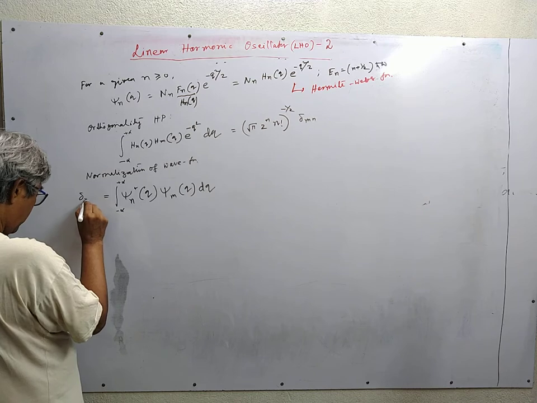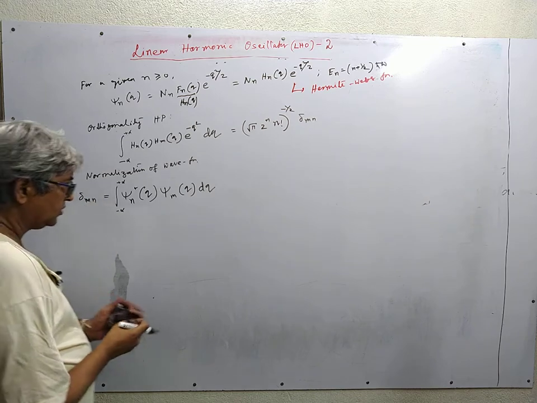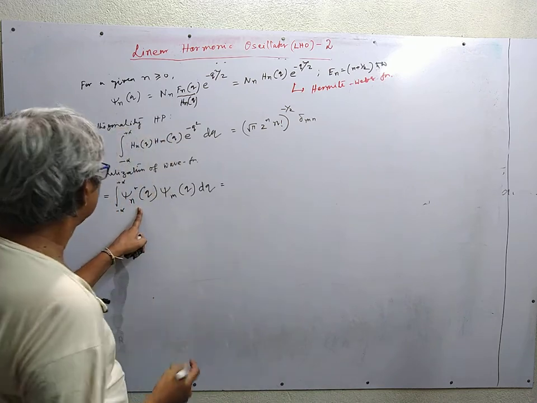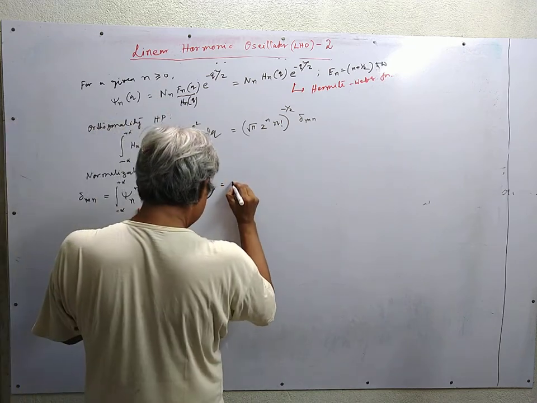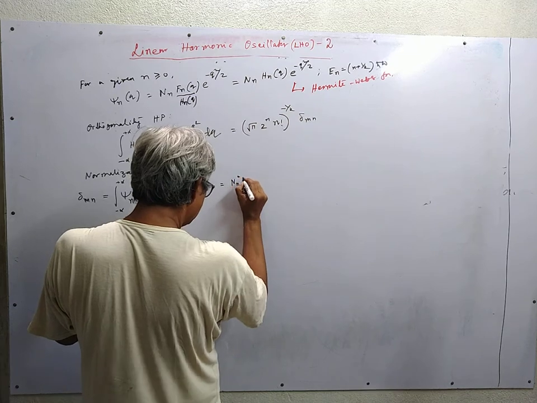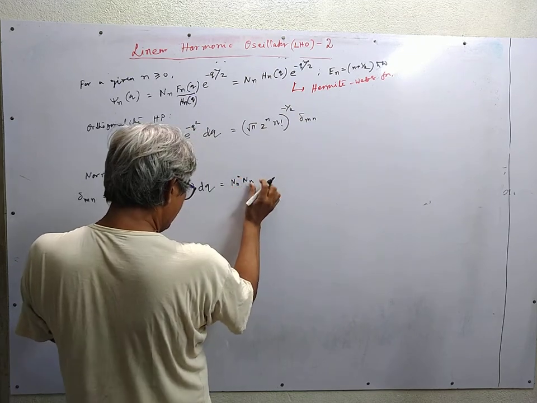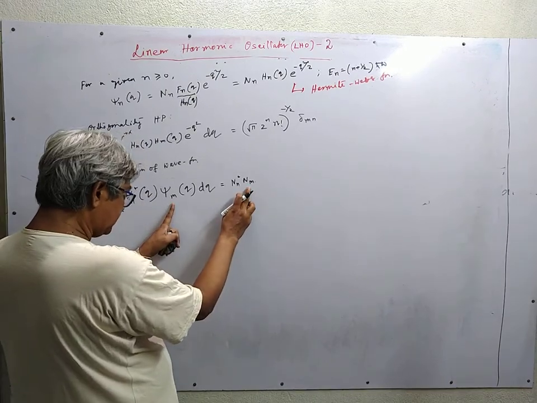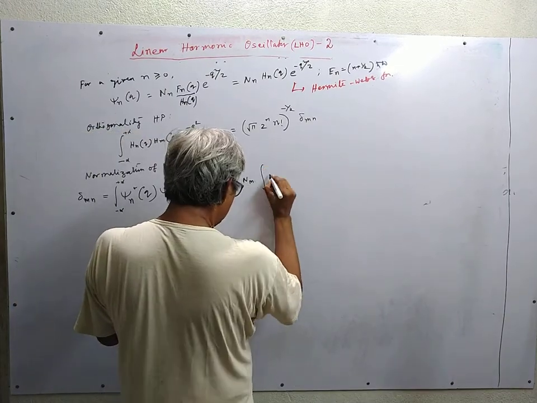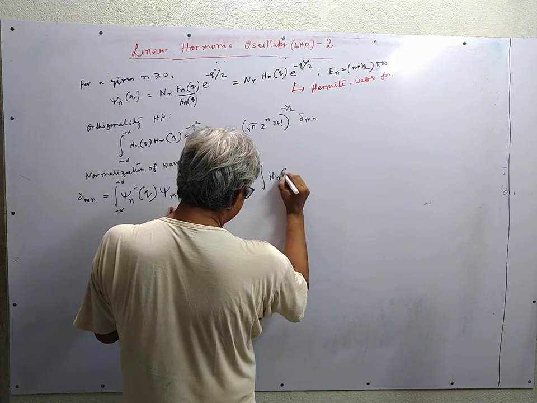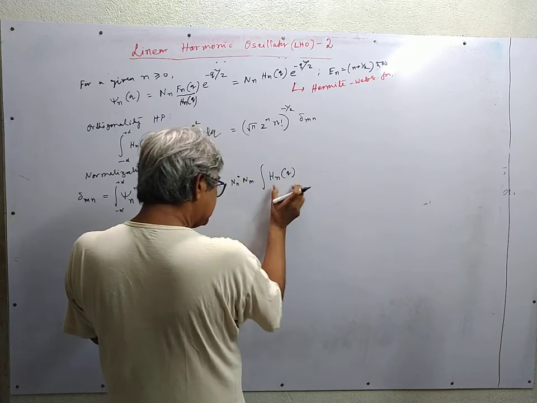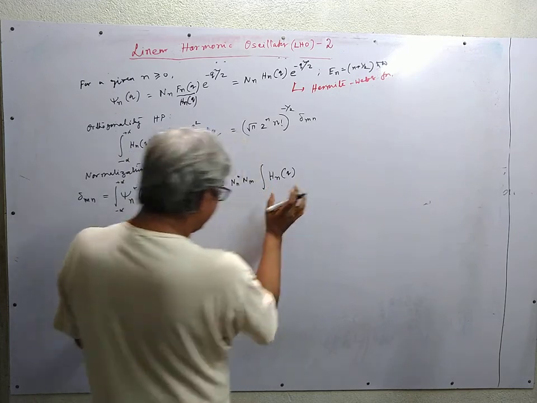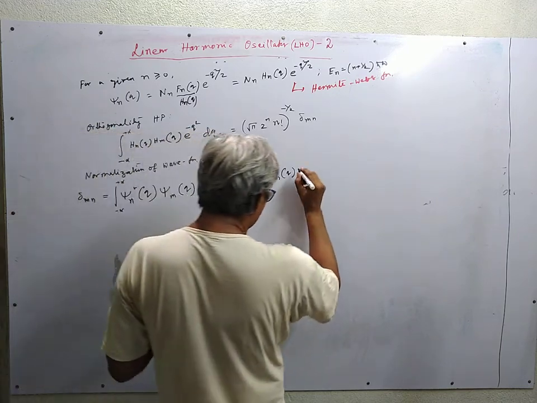Here we have the normalization constant from phi n, and the normalization constant from phi m, and then we will have H n of q. Since the Hermite polynomial is a real function, we are not putting a star over it.